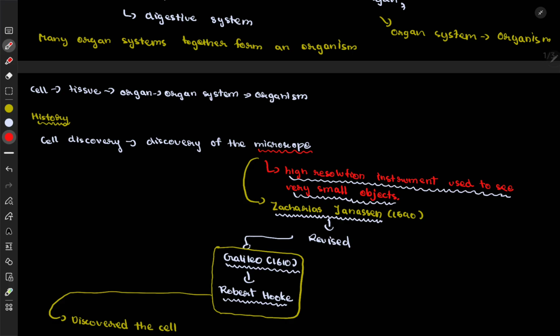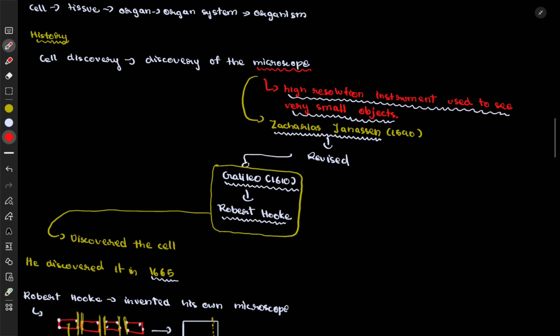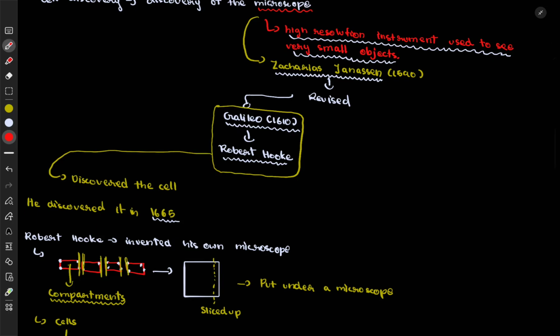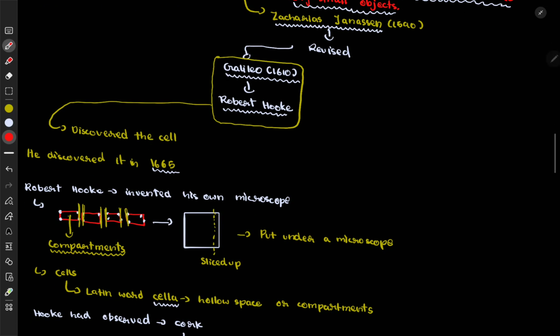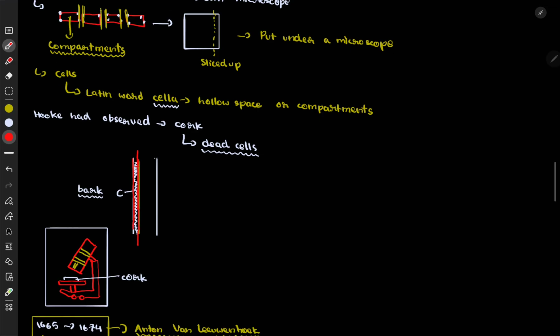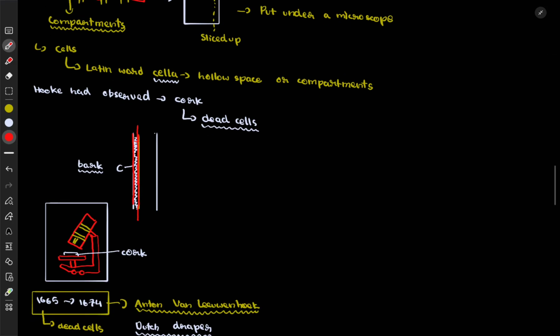The cell discovery and microscope discovery are related because microscopes are used to see cells. Zacharias Jonassen discovered microscopes in 1590. Then we have Galileo in 1610. Then Robert Hooke modified Zacharias' microscope and discovered the cell. He observed it in cork. Then it was found out that he had observed cells which were dead, not alive.